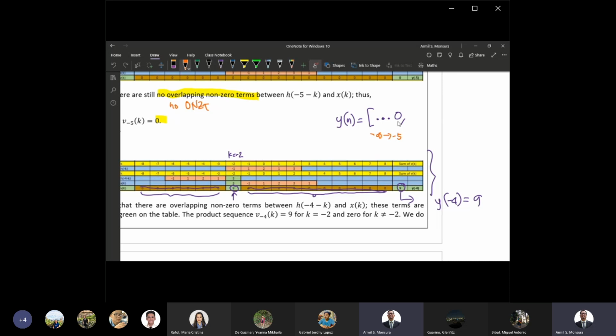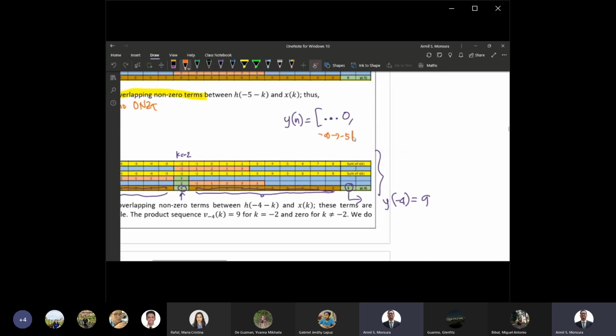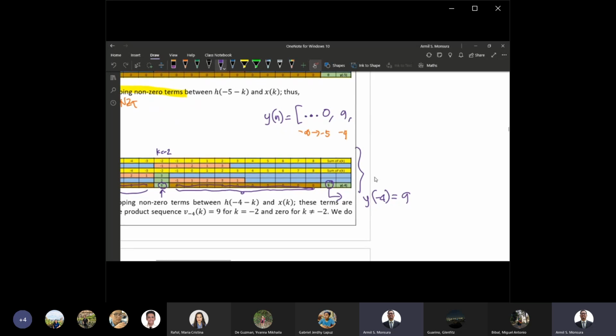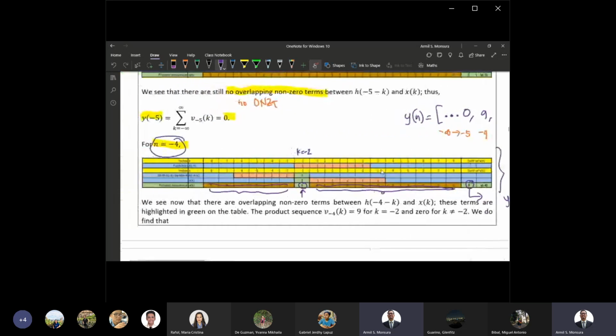Yan yung nakuha natin, lahat yun 0. Now, when n becomes -4, makakakuha tayo ngayon ng 9 as a value.